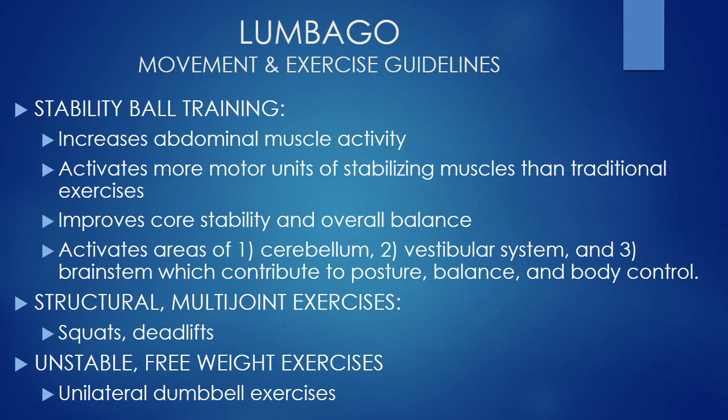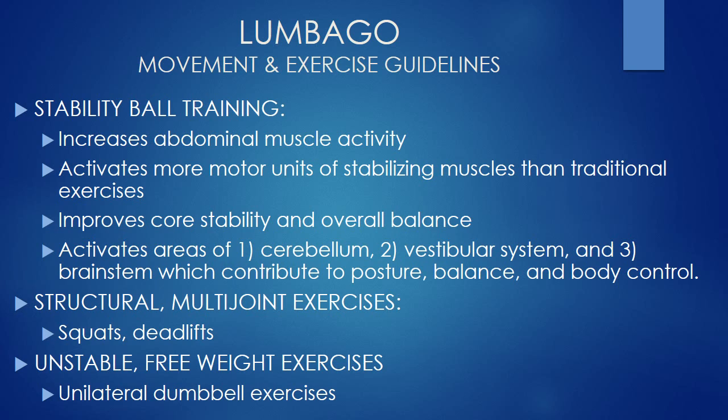And in addition, it activates areas of the cerebellum and the vestibular system and areas of the brainstem involved with cranial nerve number 8, the vestibular nerve, all of which contribute to posture, balance, and body control, and specifically related to the lumbar spine, which contribute to intersegmental stability of each of the lumbar spine vertebrae.